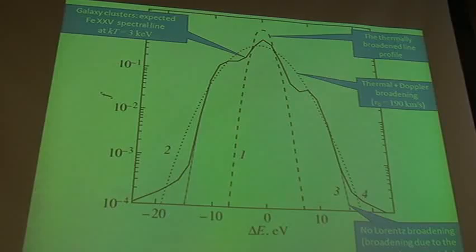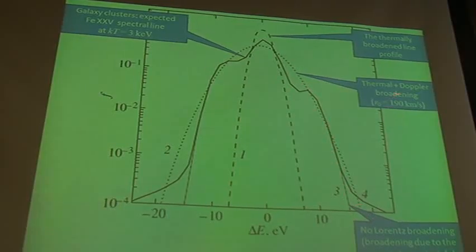They are again in the X-ray range. And this is the calculation of the expected spectral line that you can see. So this dashed line is the expected thermal broadening of the iron line. The solid is the expected shape. So what else do we have here? There's the Lorentz broadening.